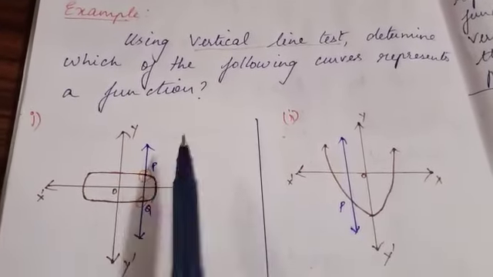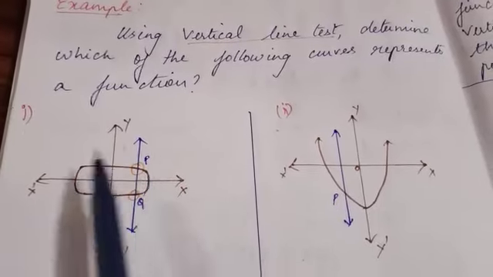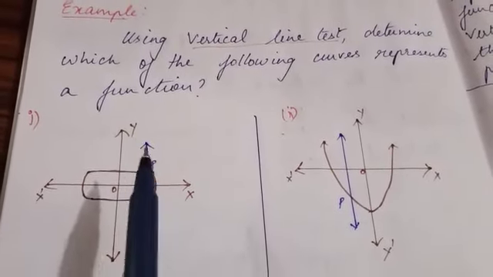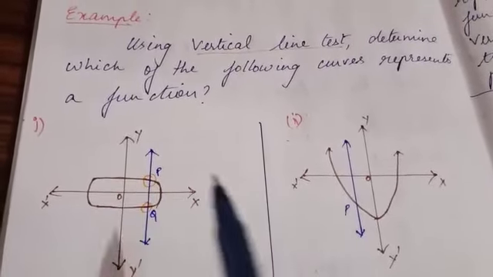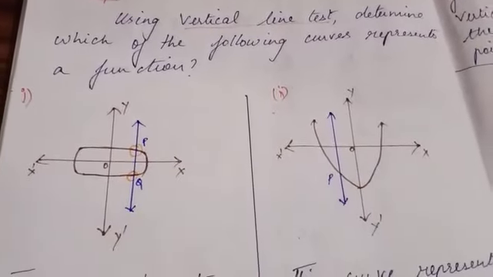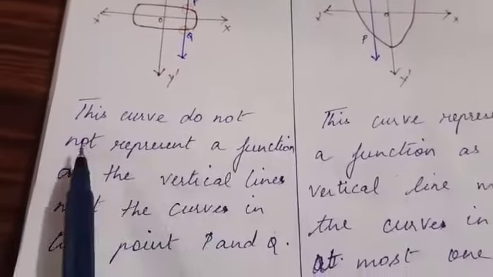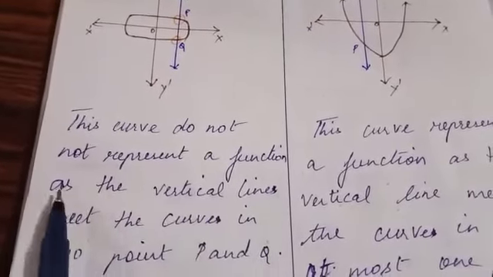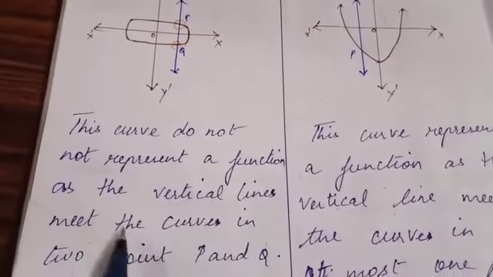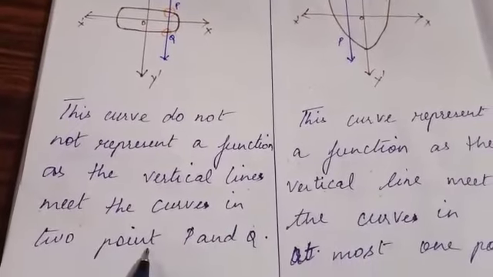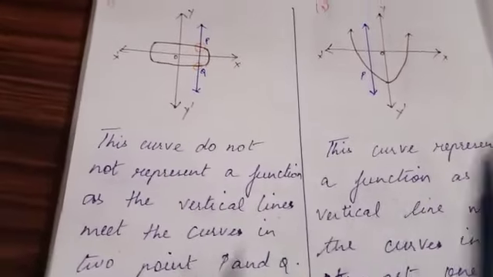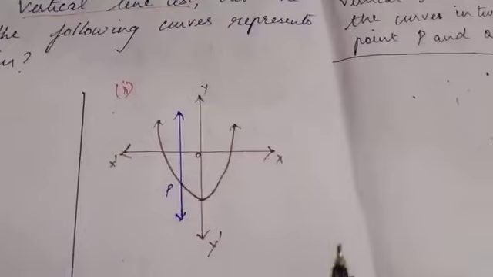To be a function, the vertical line must intersect the curve in at most one point. This curve does not represent a function as the vertical line meets the curve in 2 points P and Q.